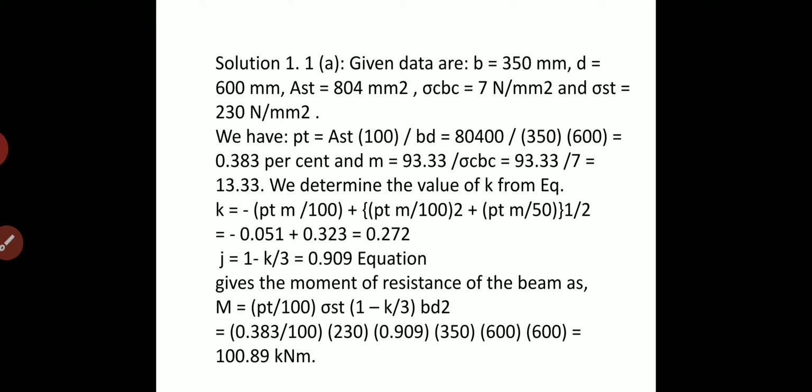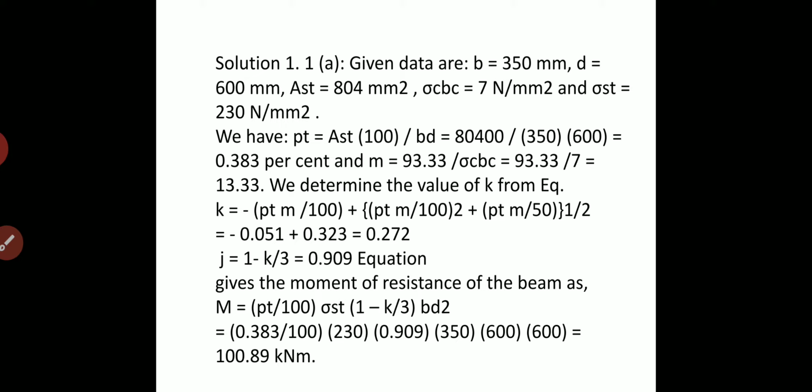So we put these values: AST equal to 804 into 100 divided by BD, B 350, and effective depth D equal to 600. So the value of PT, percentage of steel, is 0.383%.